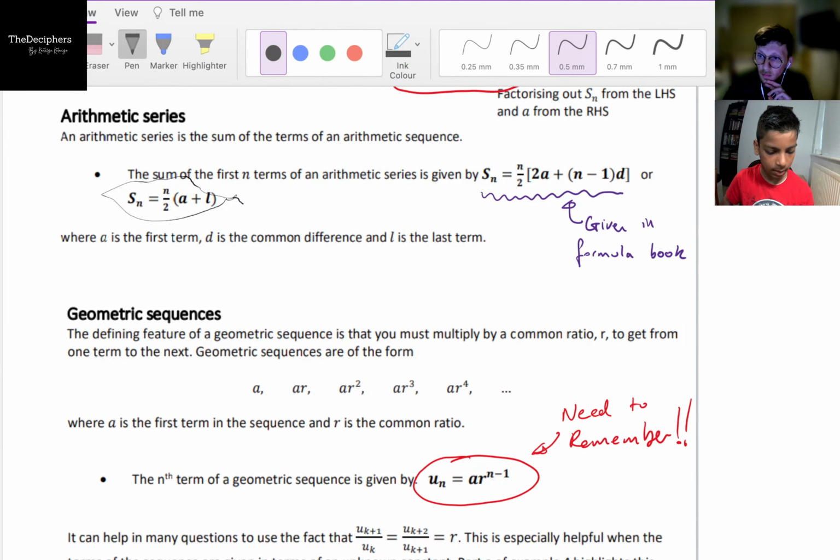So that's basically the next term divided by this term is the next term divided by the next term, which is r.